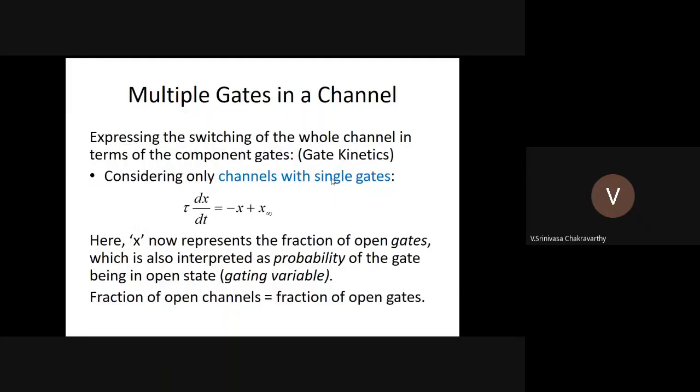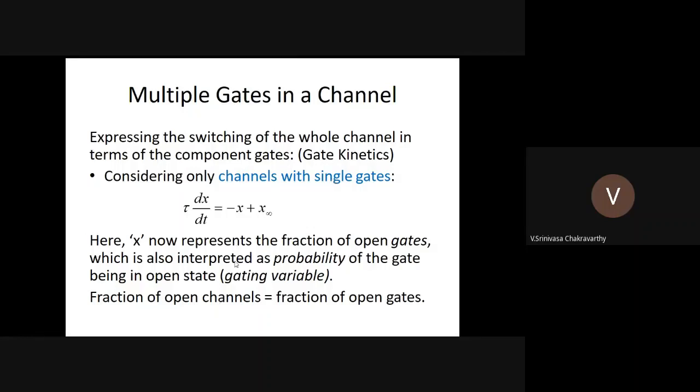Now let us come to this concept of gates. There are multiple gates in a given channel. So far we have been using the terms gate and channel almost interchangeably. That means to describe the channel opening and closing, we just have to use one such equation.